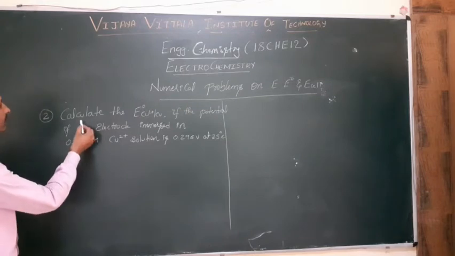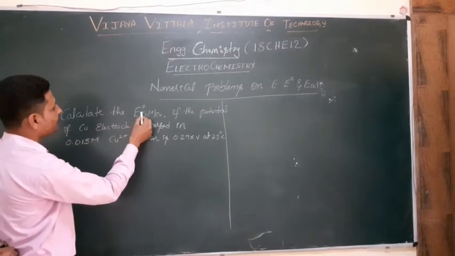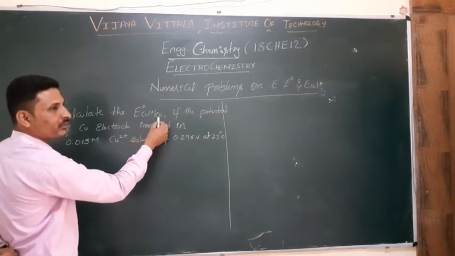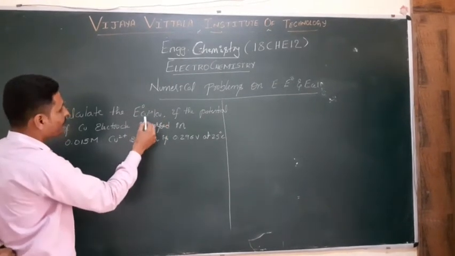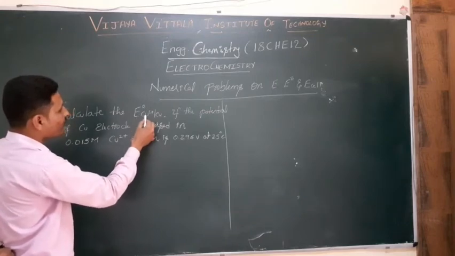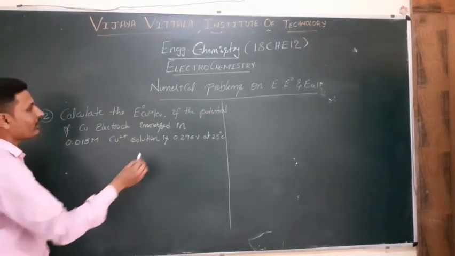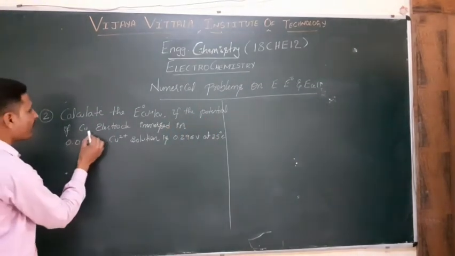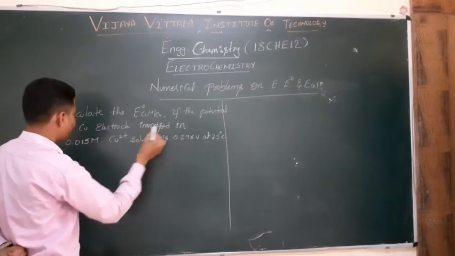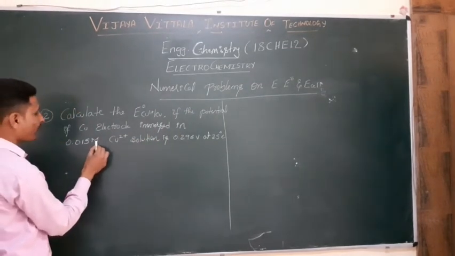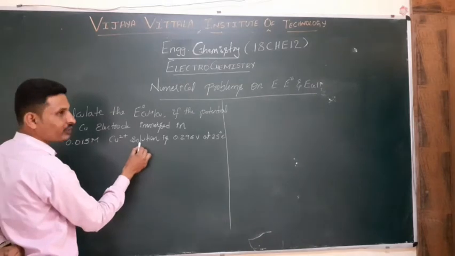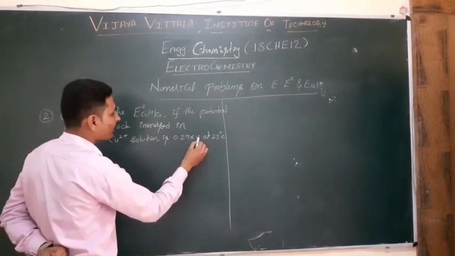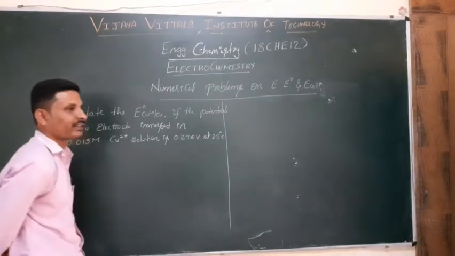Here we need to calculate the standard electrode potential E naught of Cu2+/Cu. That means we need to calculate the standard electrode potential of copper, if the potential of a copper electrode immersed in 0.015 molar copper 2 plus solution is 0.296 volt at 25 degrees Celsius.